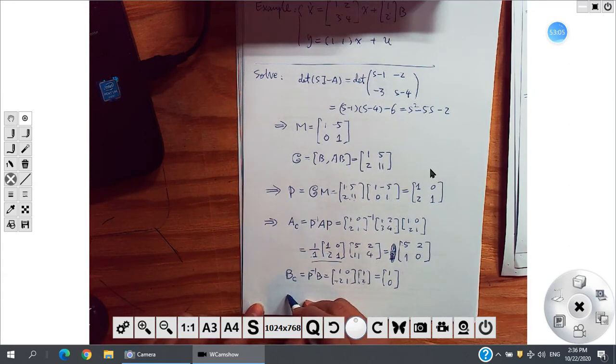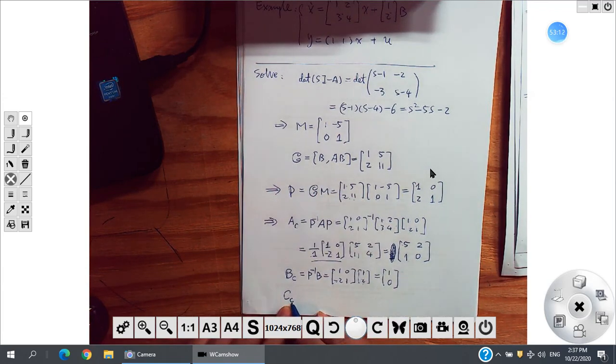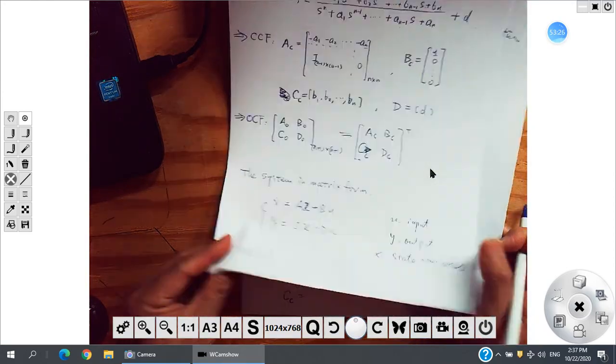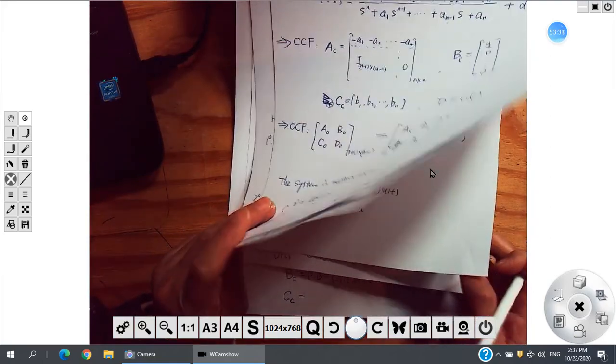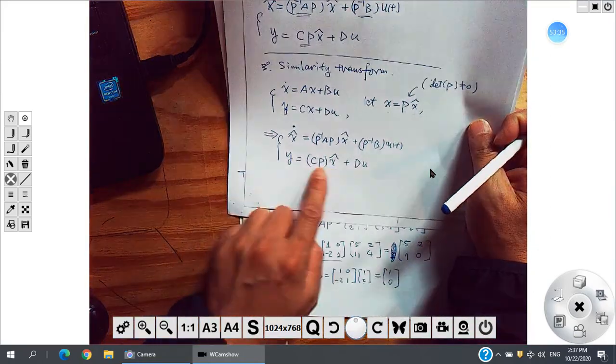And then CC. This is C, but not that C, and also not this C. These two C are different. This small c means the controllable canonic form, and this large C is for this matrix. This one will be C times P, right?